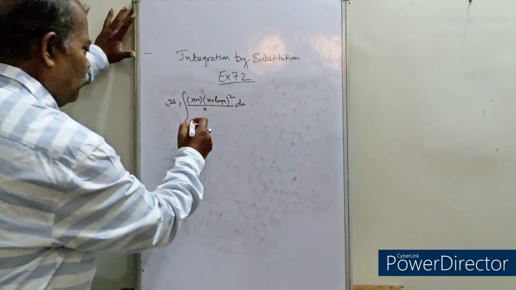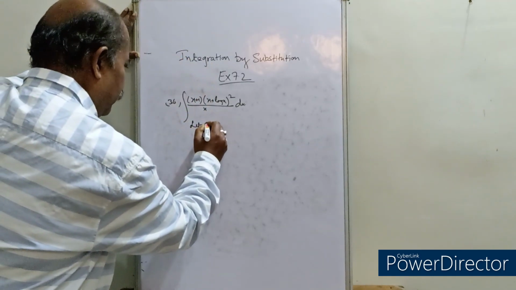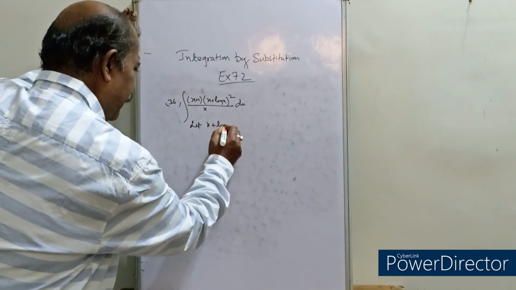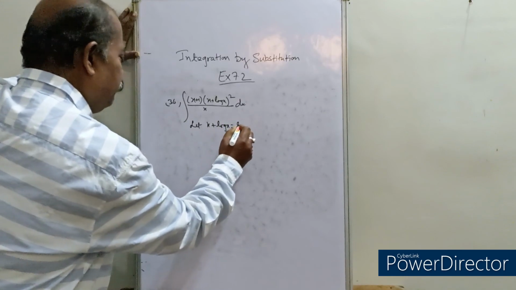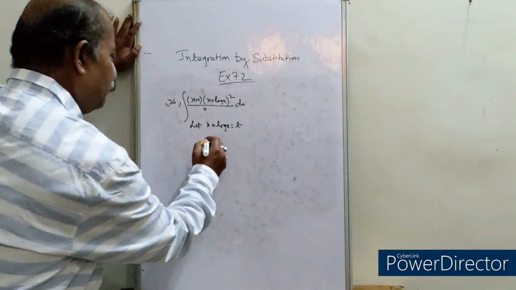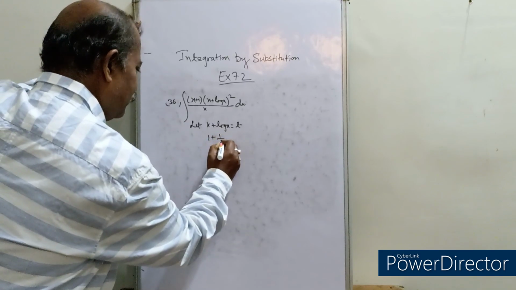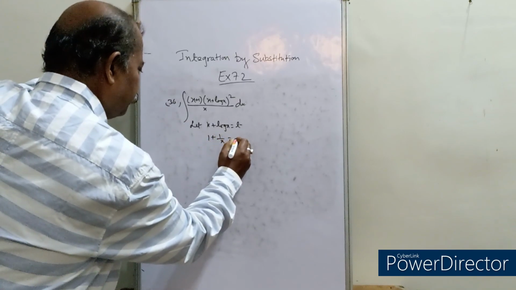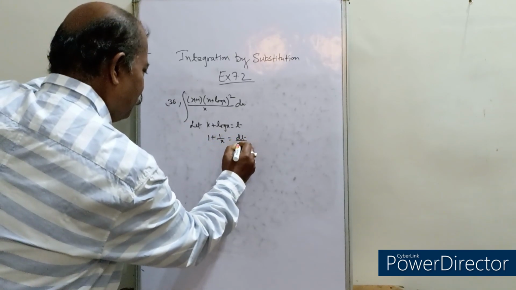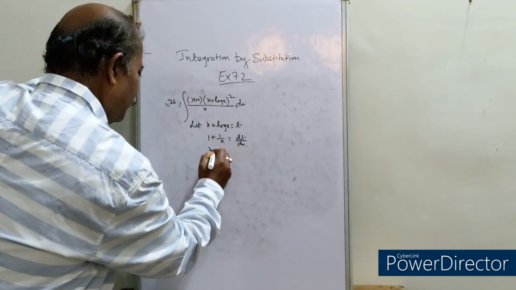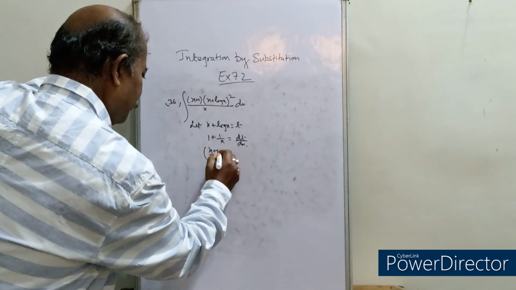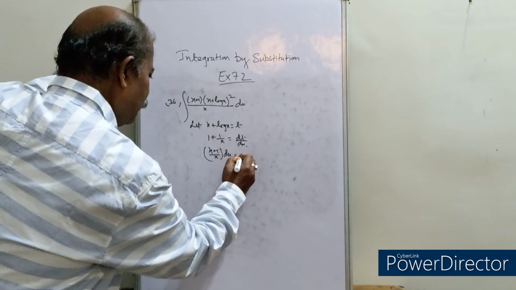So see here, what I am going to do: let x plus log x be equal to t. Now when I differentiate it, 1 plus 1 by x is equal to dt by dx. So this is x plus 1 by x dx, that is equal to dt.